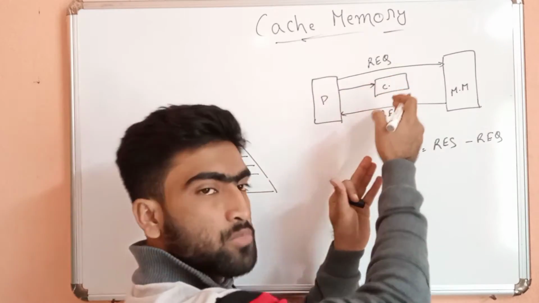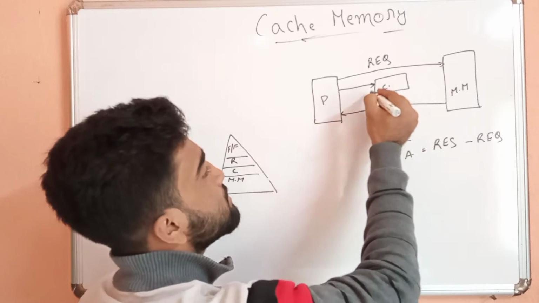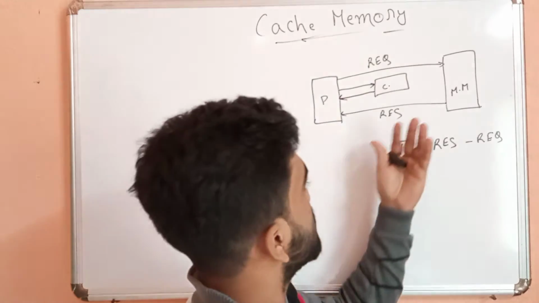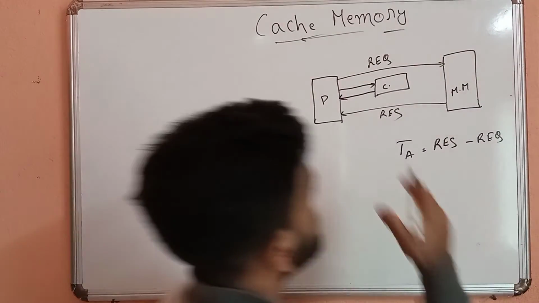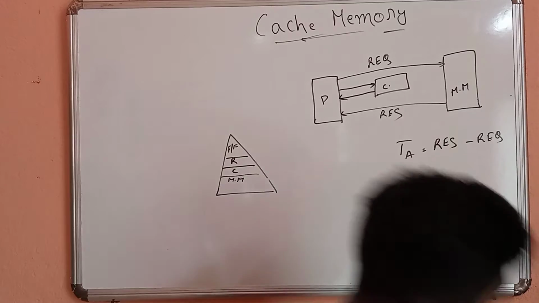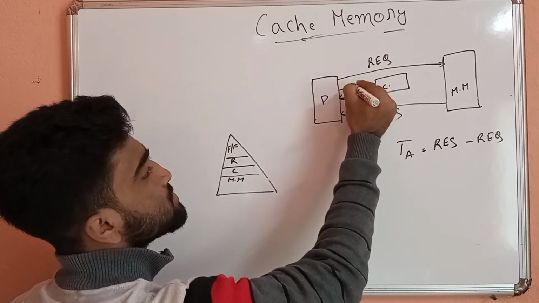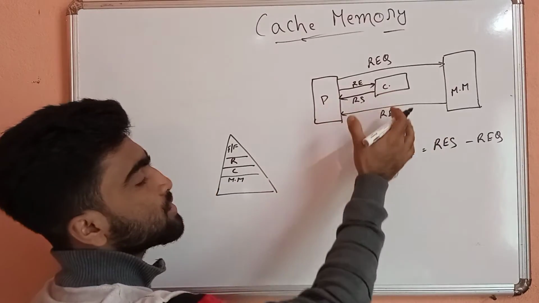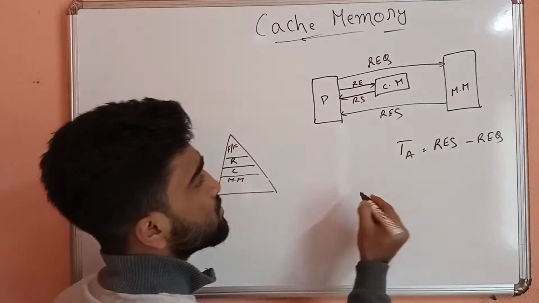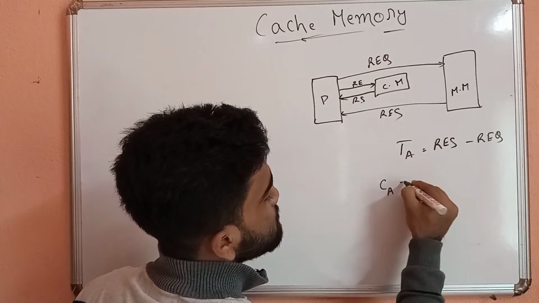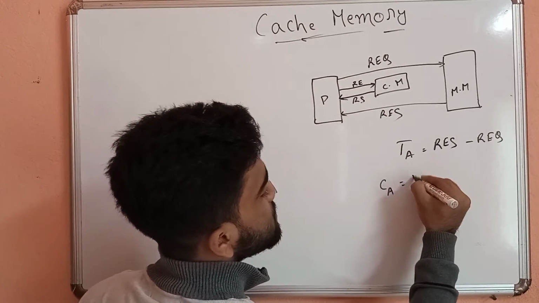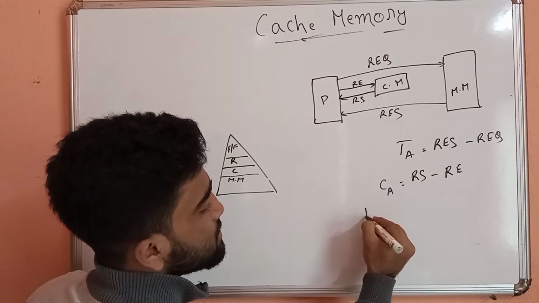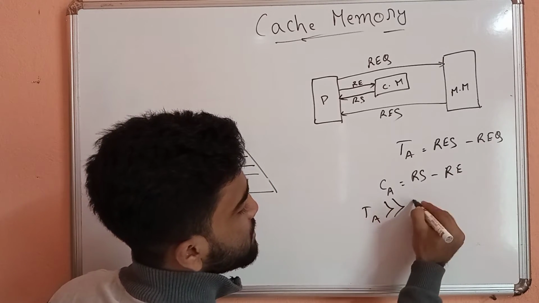If that block is present, the cache memory will send an acknowledgement signal to the processor. This is an acknowledgement signal and this is a request signal to the cache memory. So we get the cache memory access time by the processor, which is the acknowledgement minus the request. Here ta is much greater than ca.